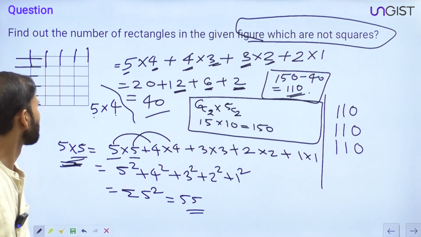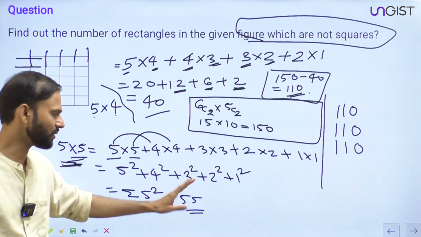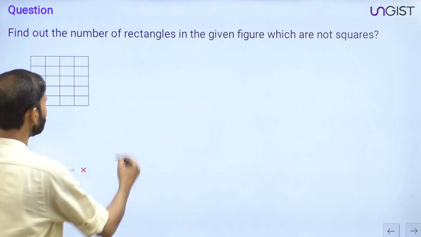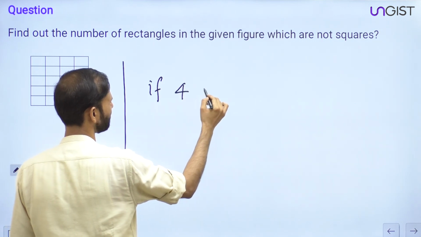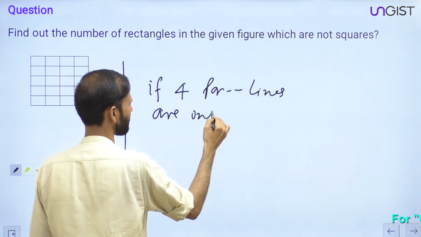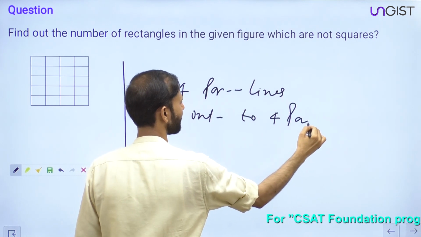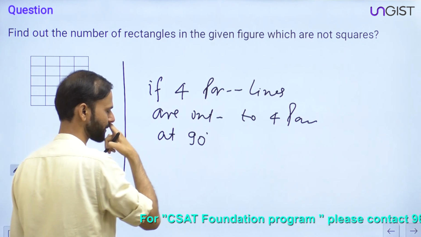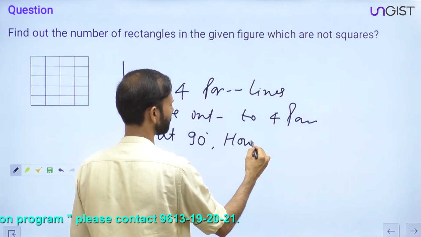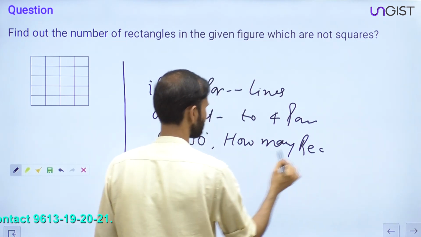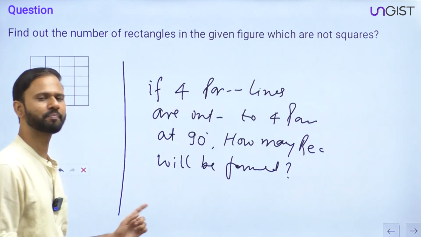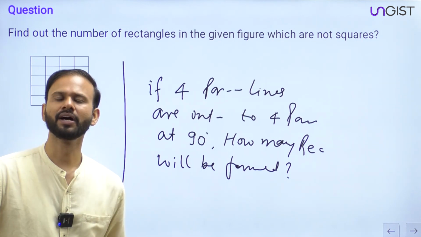The question of UPSC was, if 4 parallel lines are intersecting 4 parallel lines at 90 degrees, how many rectangles will be formed?